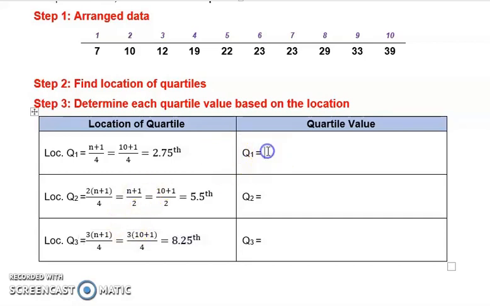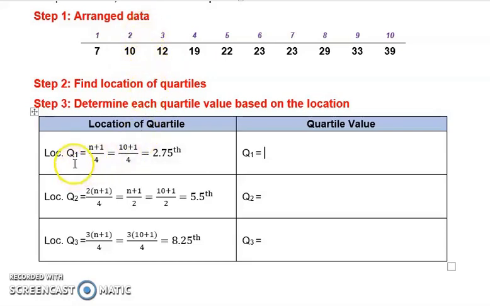Now how do we find the values of Q1, Q2 and Q3? Look at the location of Q1. The location is 2.75, meaning the value of Q1 will be located between the second and third locations. Between the second and third location, we assume the center is 50%.